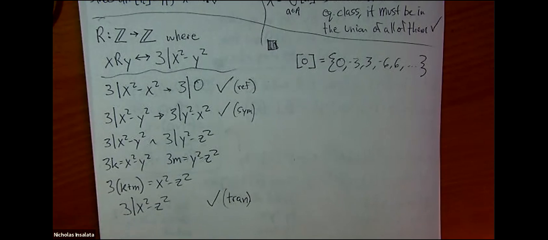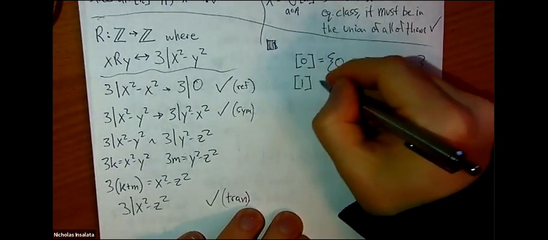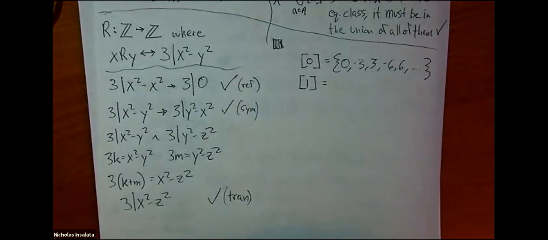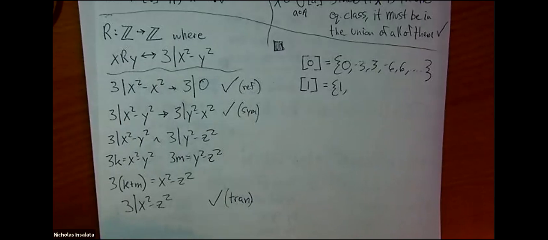So there should also be an equivalence class of all of the numbers whose squares modulus 3 are 1, and all of the numbers whose squares modulus 3 are 2. Awesome. Okay, let's start with 1 and see how that goes. Of course 1 is going to be in here. Who else is going to be in here?